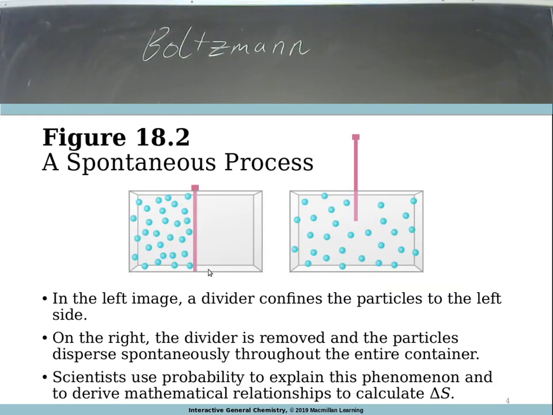Here we can see a gas that's confined to 1/2 of a chamber. If we remove the divider, we all know what's going to happen. The gas will rush over to the other side to fill that vacuum, and now the gas has access to a larger volume, and so this is a positive delta S process.